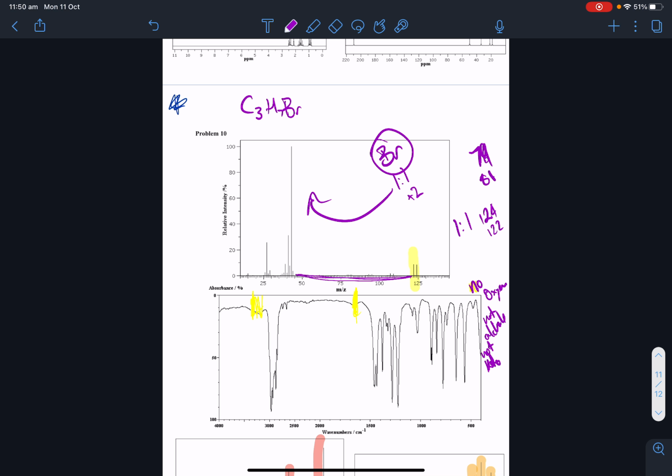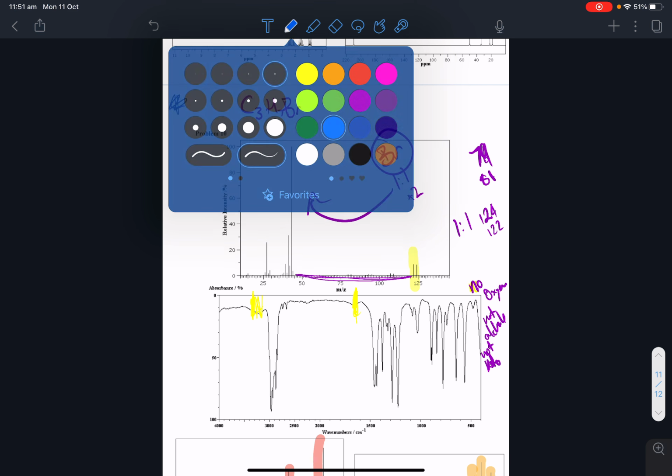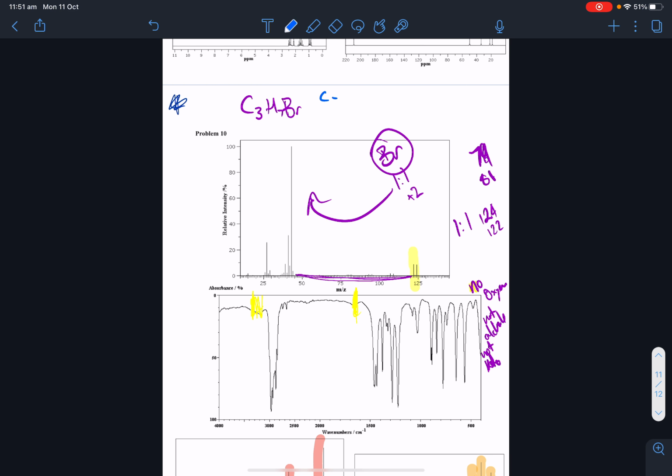Remember, when we're looking for unsaturation in possible structures, or if we have double bonds in there, we count halogens as acting like hydrogens. So let's think about C3H8. That fits the 2n plus 2 rule. So it's saying we've got an alkane backbone with bromine on there. Let me change colours and we'll draw possible isomers. 1, 2, 3.